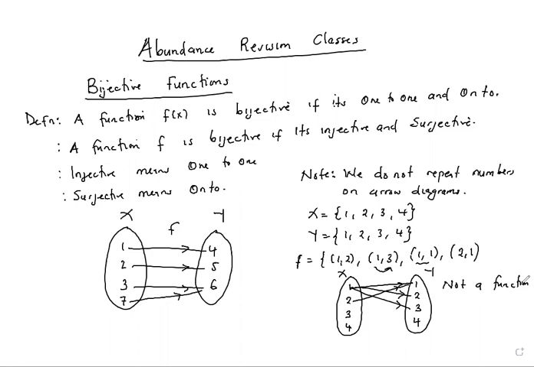So in this case, because 1 is mapped to 3, I can't have my arrow diagram as 1, 1, 1, and then 2, 3, 4, and then the other one, 1 goes to 1, I have 1. Because 2 goes to 1, I have another 1. And then I have 2, 3, 4.